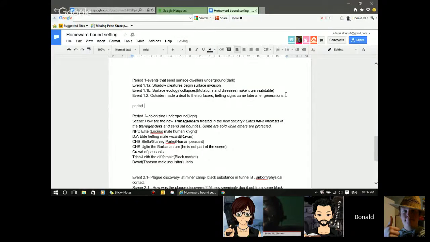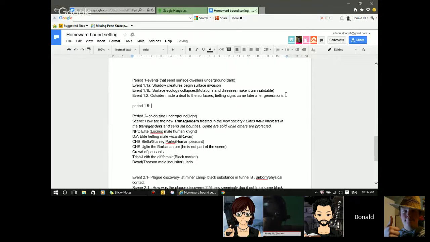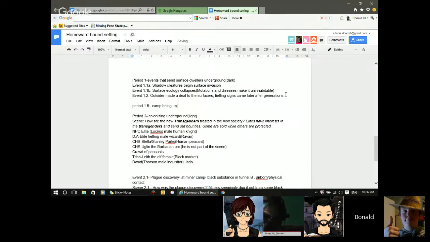This period would be the settlement period of the camps being made, as people come down to settle, and then this can be extended to the other event period as well.